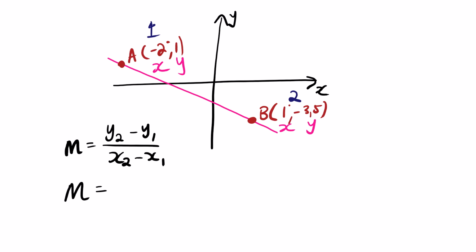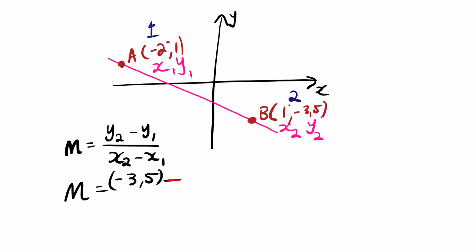We substitute. What is our y2? This is y2, x2, x1, y1. What is our y2? Our y2 is -3.5 minus, this minus is from the equation. I normally encourage that we put brackets.